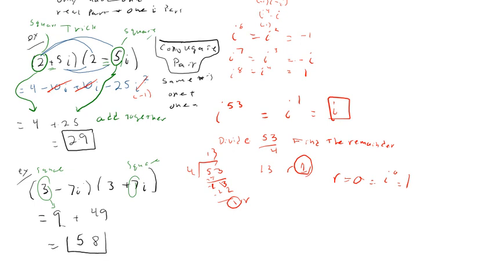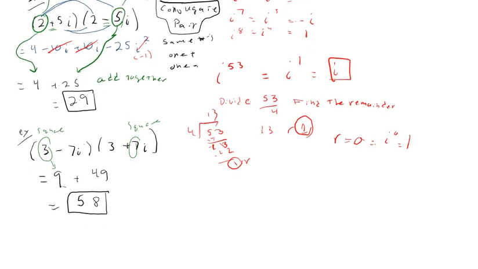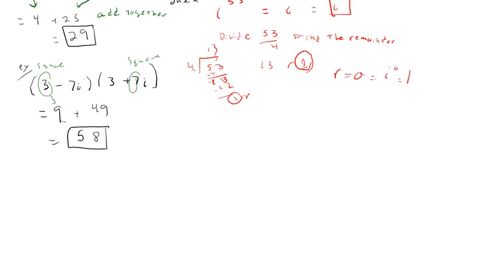Real fast way to do conjugate pairs. This is going to be important in our last step. Knowing how to do conjugate pairs, all right? So we graduated first grade, second grade, we know how to add, subtract.